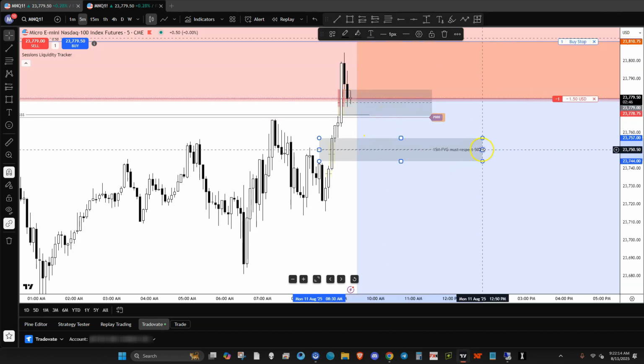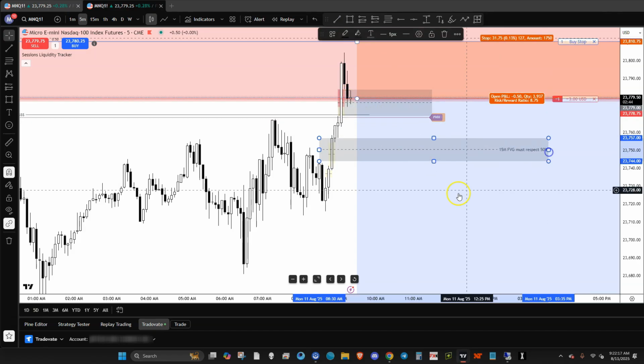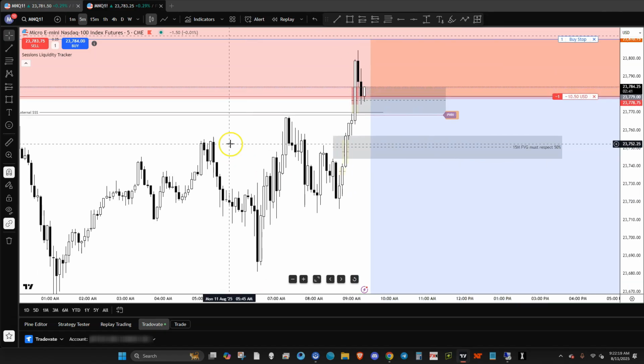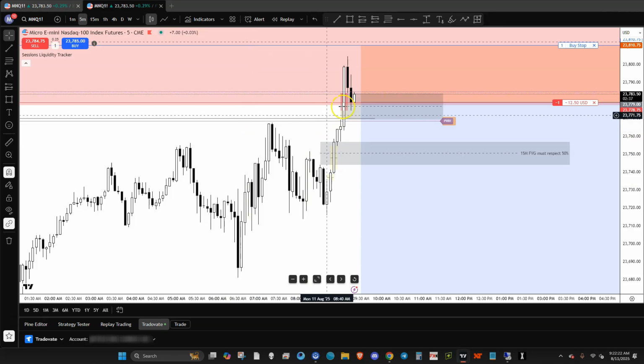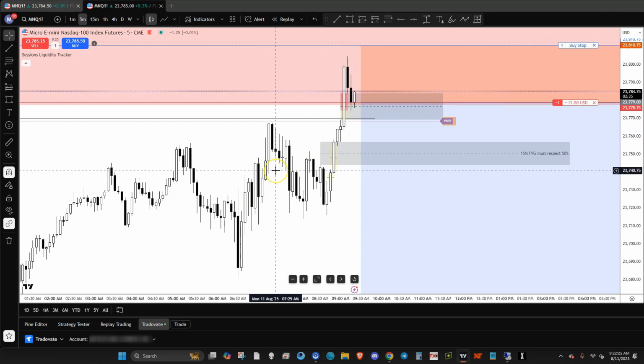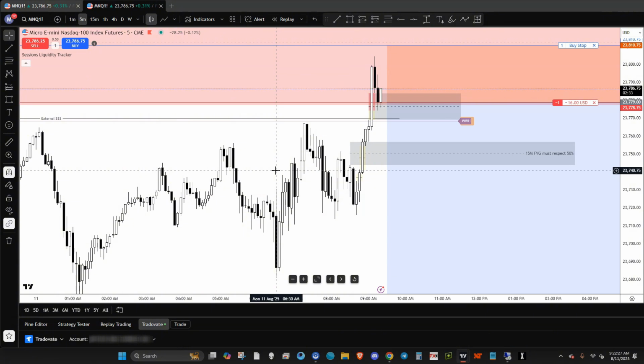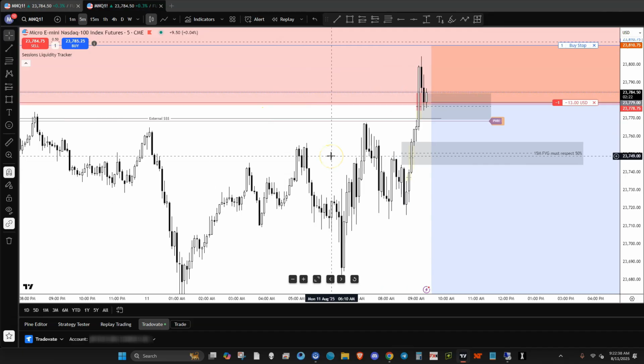I honestly don't know how long it's gonna take, but we just have to wait. Like I said, this is a very risky trade, but I'm really not risking anything. I just wanted to get in the market to see if we catch something. If we don't catch anything today, then it is what it is, but I wanted to be in the market early.